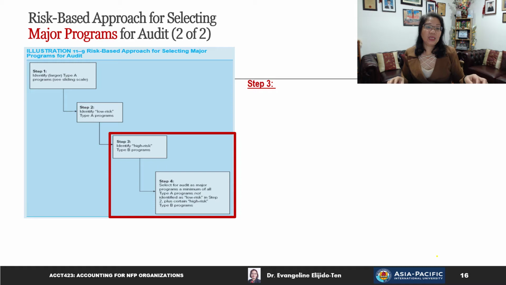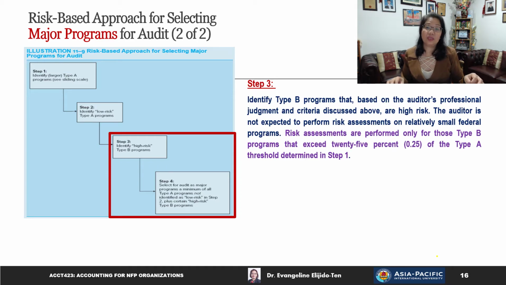So step 3 is to identify high-risk Type B programs. So based on the auditor's professional judgment and criteria, some Type B programs might be considered high risk. Now, the auditor is not expected to perform risk assessments on relatively small federal programs.